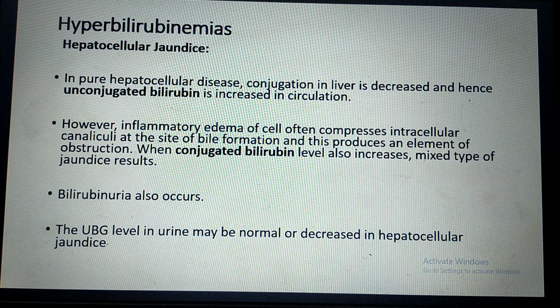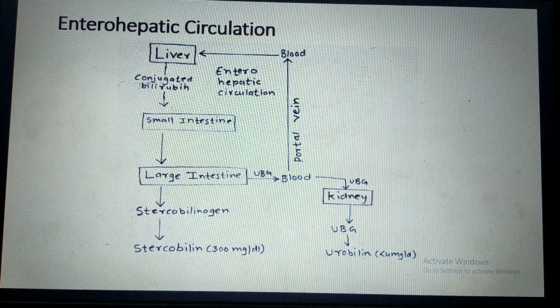Bilirubinuria is also seen, meaning presence of bilirubin in urine, which is detected by Fouchet's test. Here urobilinogen levels in the urine may be normal or decreased. Why is urobilinogen decreased? Again, you have to see this diagram. Urobilinogens are formed in the large intestine.